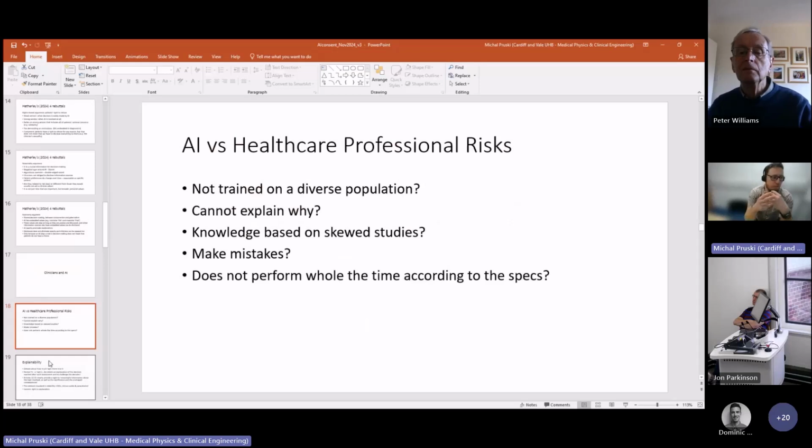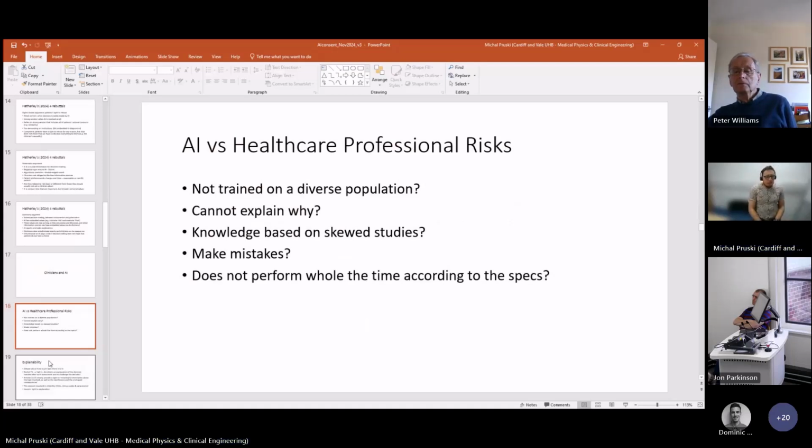And just to reinforce that point, if you think about statements such as "not trained on a diverse population, cannot explain why, knowledge based on skewed studies makes mistakes and does not perform all the time according to specs," well, it can probably apply as much to AI as to healthcare professionals, because of the skewed studies that have been used to train healthcare professionals.